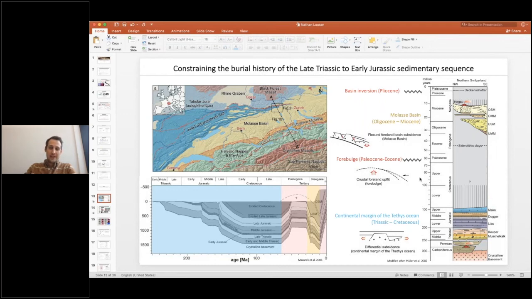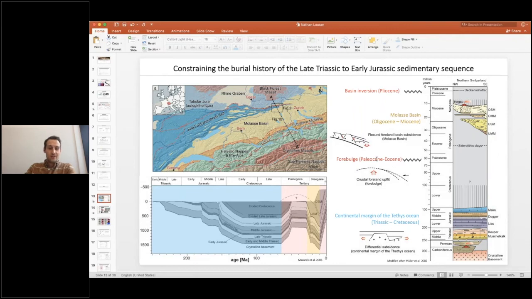What we know, though, is there was a forebulge with crustal foreland uplift during Paleocene to Eocene. Because of this forebulge, the whole Cretaceous and also the uppermost Jurassic sediments are not preserved. For the Jurassic sediments, we know there have been younger ones, but for the Cretaceous, it's not clear.